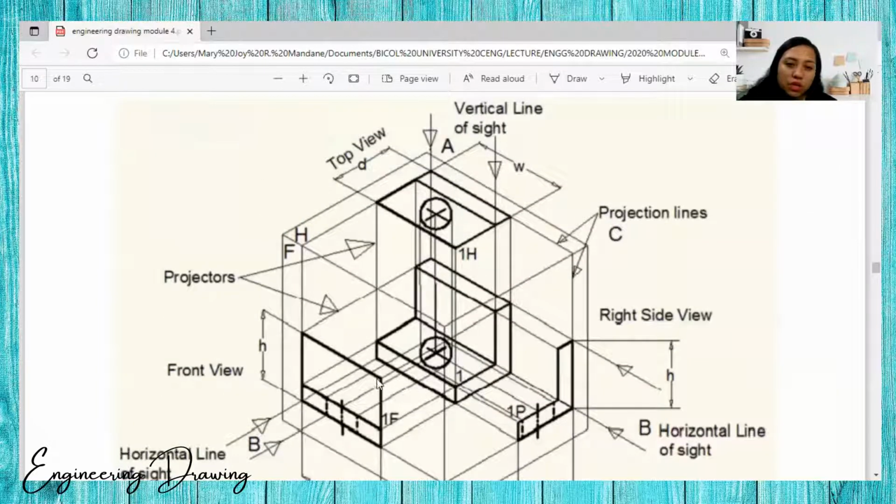This will be your projectors. So parang ginawa lang natin, this is the line, this is the object. Then tinaas mo lang lahat, nagkaroon ka lang ng projectors pataas, nagkaroon ka ng projectors papunta dito sa horizontal line of sight, no? Dito din sa horizontal line of sight sa right. So lahat niyan nagkaroon ng projection.